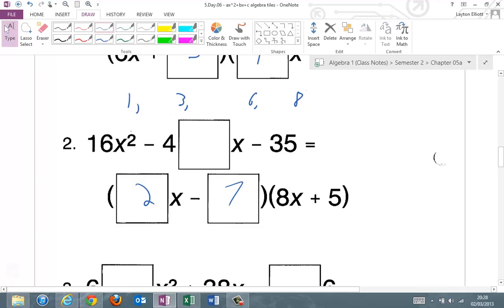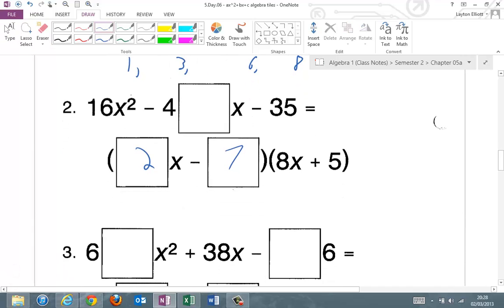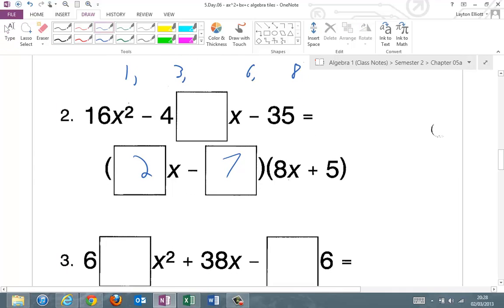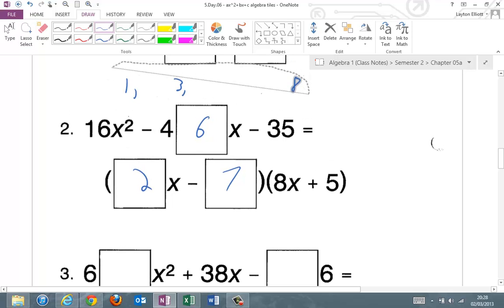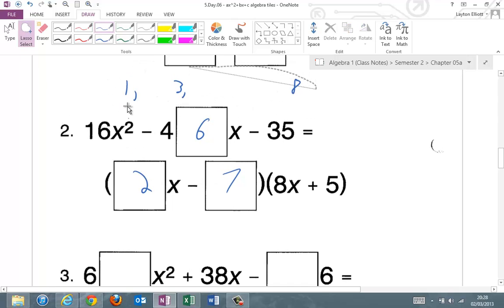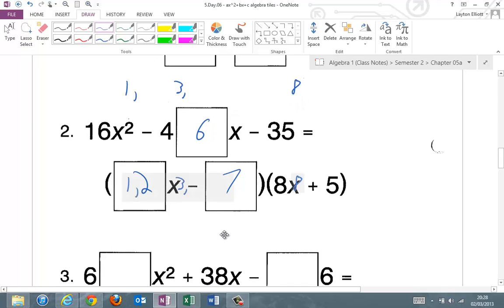And then if I figure out what my middle term is, the outer is positive 10 and the inner is negative 56. So that'd have to be positive or minus 46 here. So that gets rid of the 6. And finally the 1, 3, and the 8 can come down to the next one. And we'll figure out where those go.